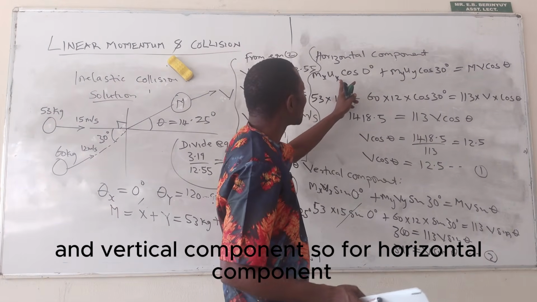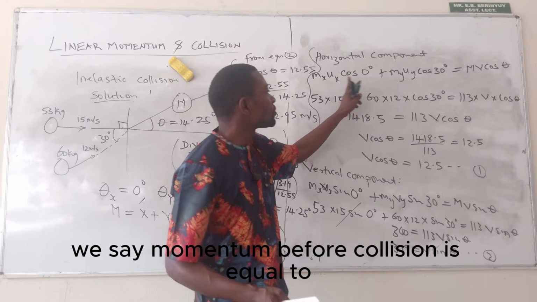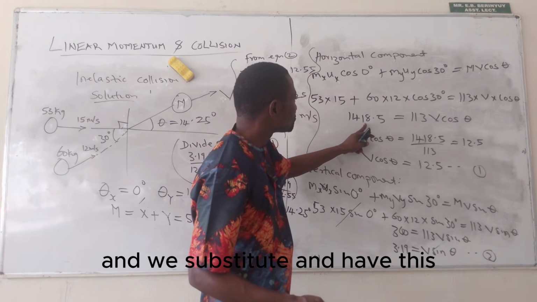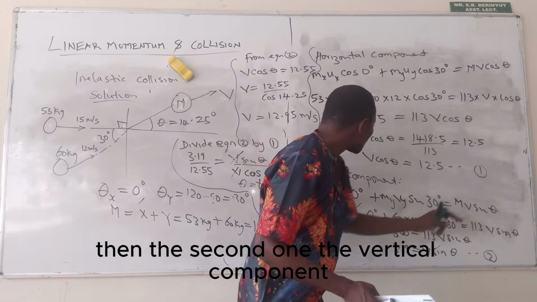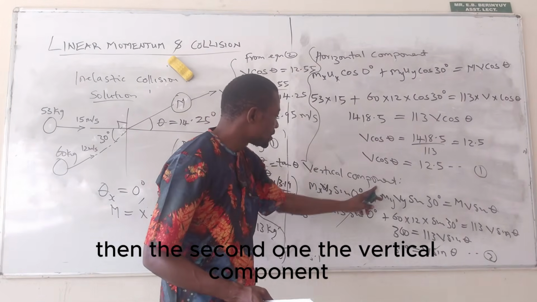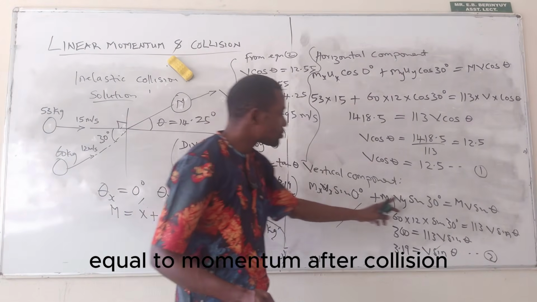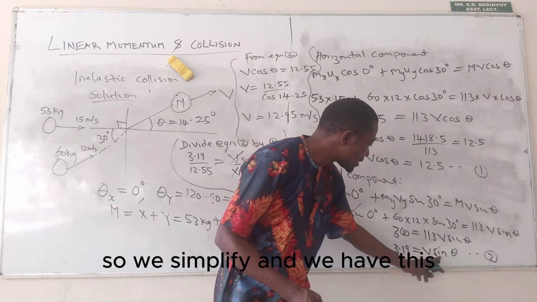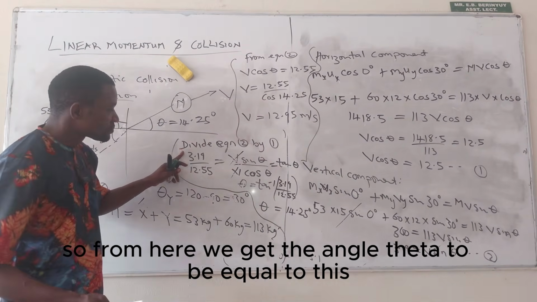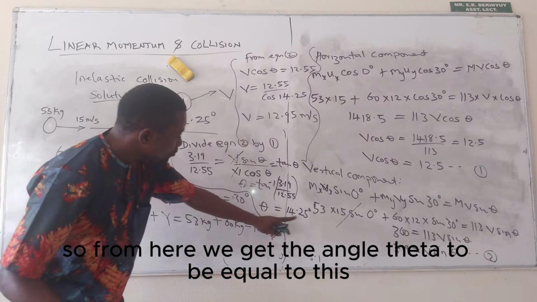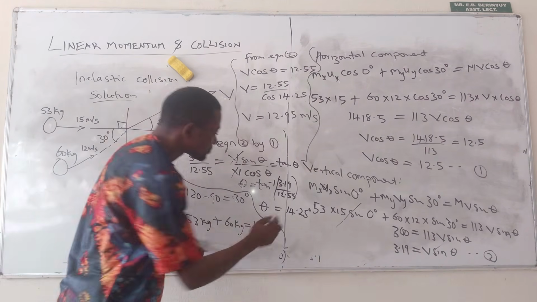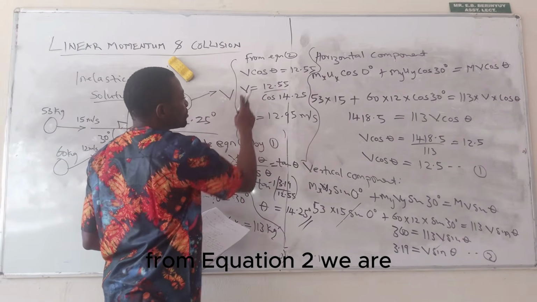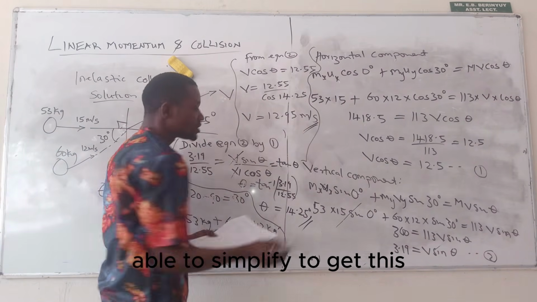For horizontal component, we say momentum before collision is equal to momentum after collision, and we substitute and have this. Then the vertical component, momentum before collision equal to momentum after collision. We simplify and we have this. So from here, we get the angle theta to be equal to this. Are we together? Then the next thing is the velocity, and we are able to simplify to get this.